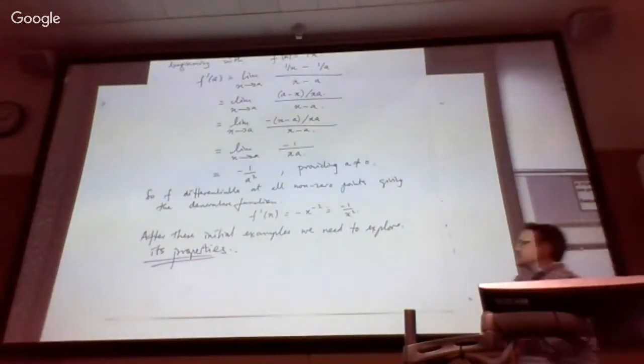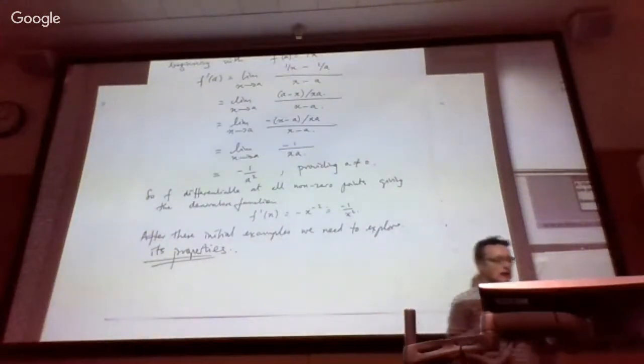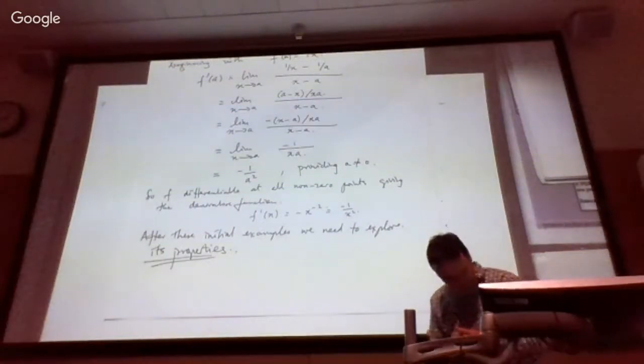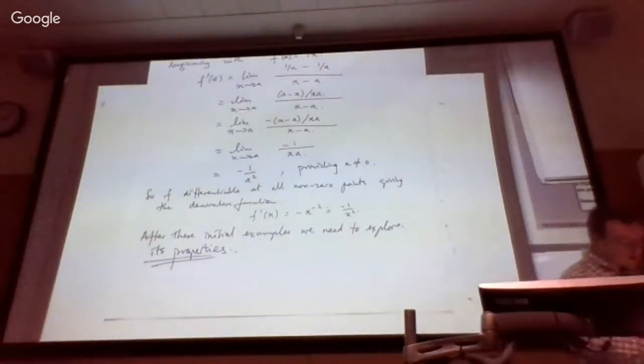And that's going to occupy us next week. We'll consider the standard basic properties that we need to know about of the derivative, and we'll supply rigorous arguments for proving some of them at least. Okay. So what are these? I'll switch back to the notes to have our first look at some of these.